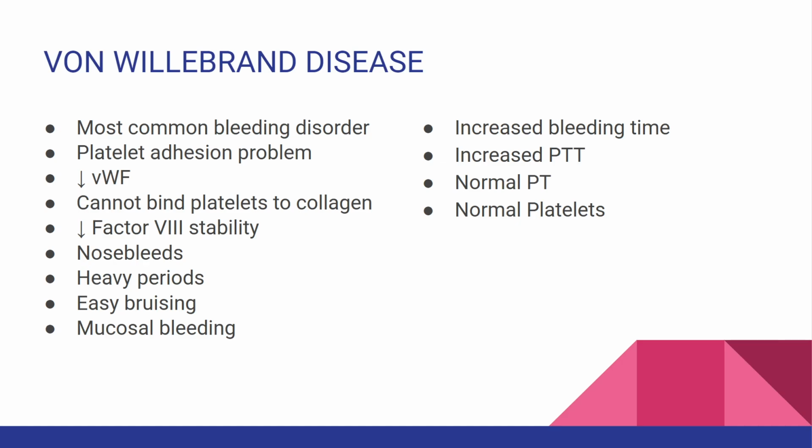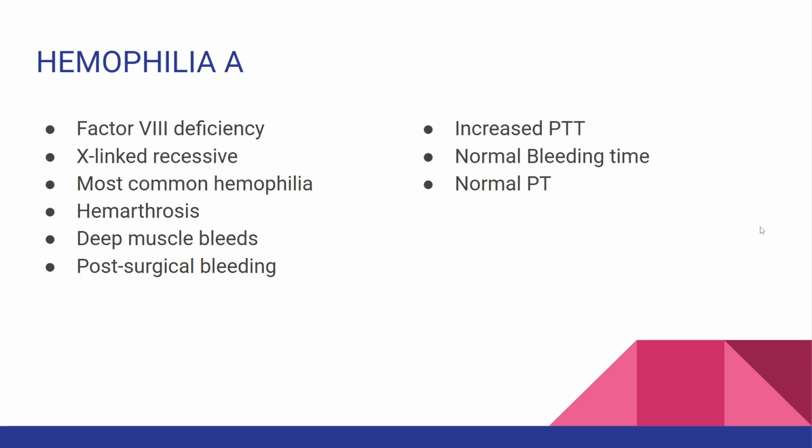Because von Willebrand disease affects both platelets and clotting factors, you'll see both of them in this disease. So next is hemophilia A, which is X-linked recessive. You'll have an isolated increase in PTT, and bleeding time and platelets are normal, because it does not affect platelets.